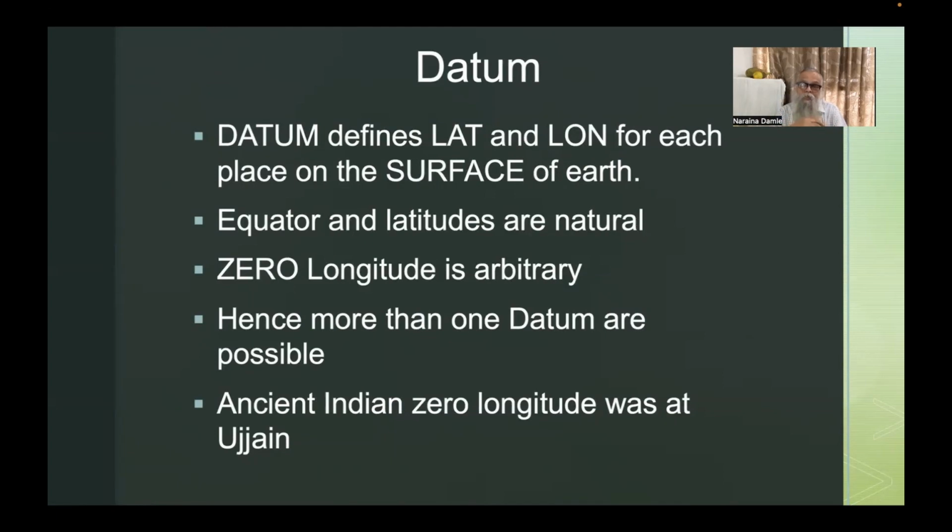Why is it popular? Because WGS 84 was precisely measured and frozen in the year 1984, and after that the GPS system came somewhere near that or after that. So the current GPS system started using WGS 84 as the standard, and with respect to that datum, it is telling you the latitude and longitude of every place.